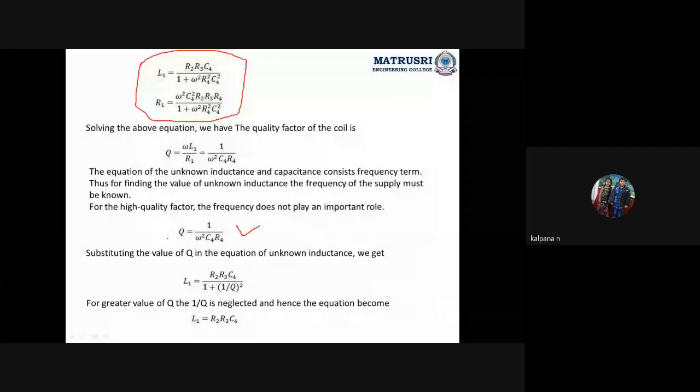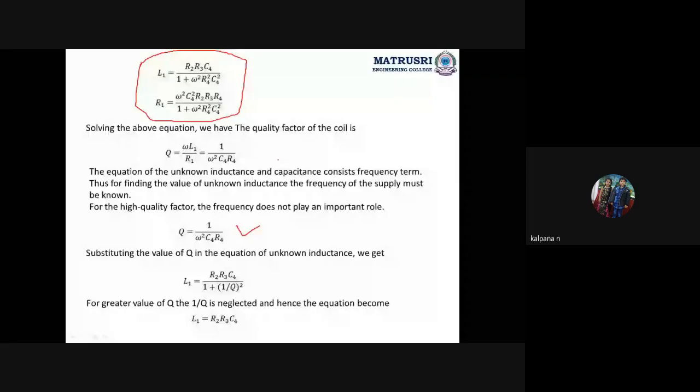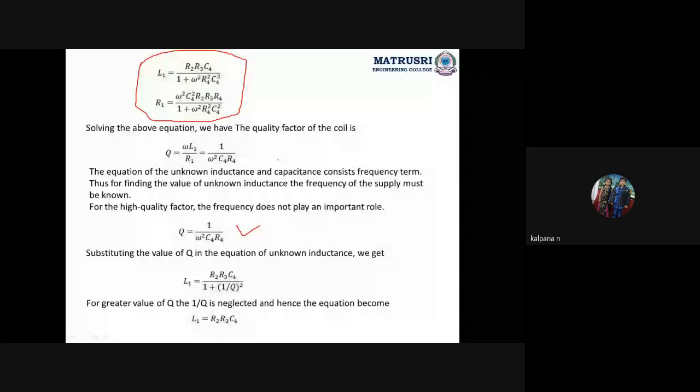The formula for the quality factor is omega L by R or 1 by omega C R. So substitute the values, then we get the quality factor, and this bridge is used for measuring high quality factors. High quality factors means greater than 10.